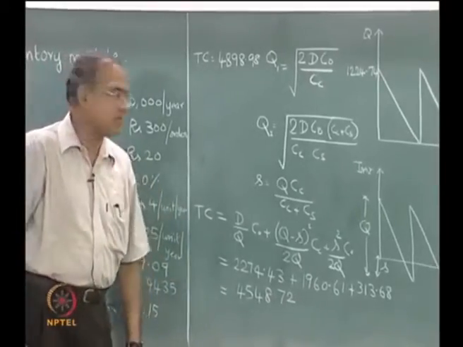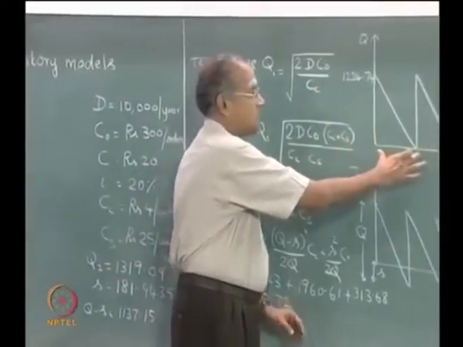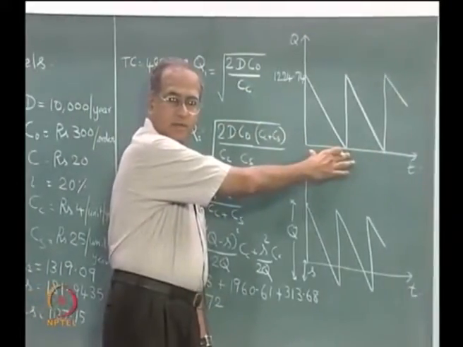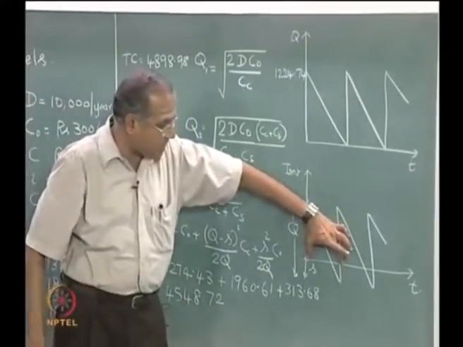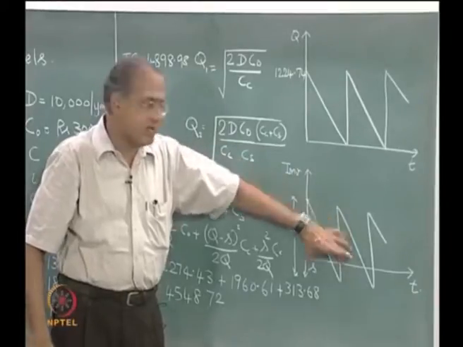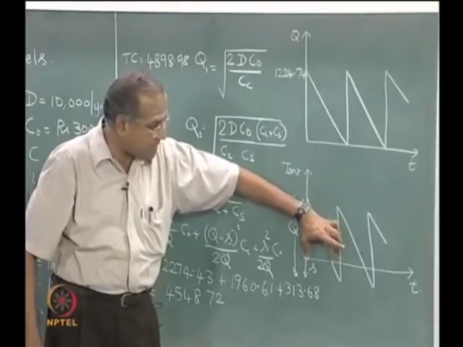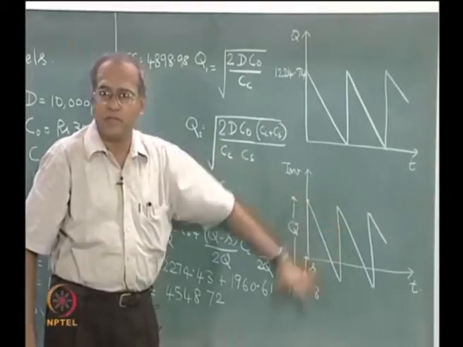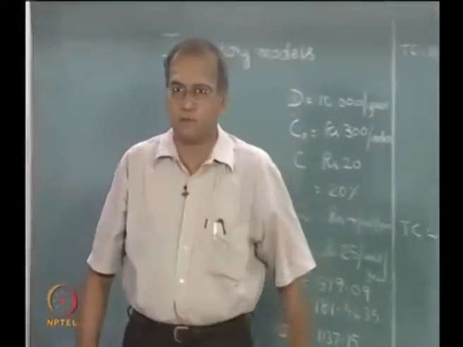Also, the period for which we will be holding the inventory will be far less in this case, because when we divide by 1224.74 we have a certain period. When we divide by 1319.09, the whole period comes down, and we also realize that this maximum inventory is not held for this period, but it is held for a smaller period. Therefore, the average inventory comes down and the inventory holding cost comes down.